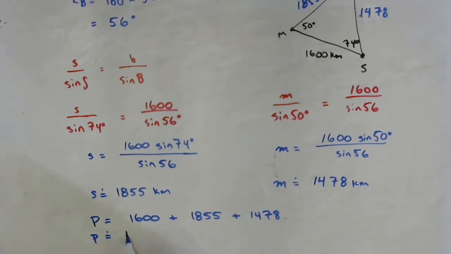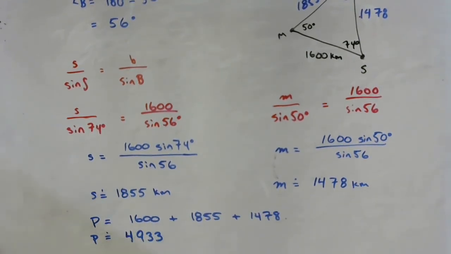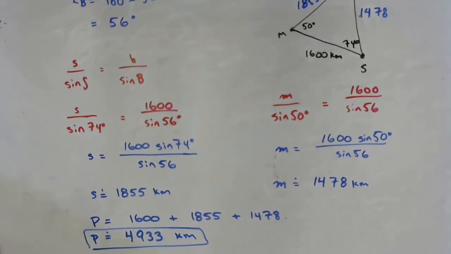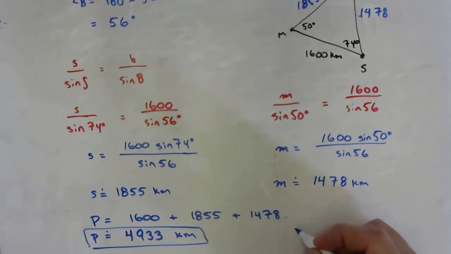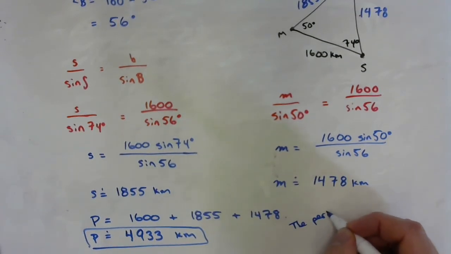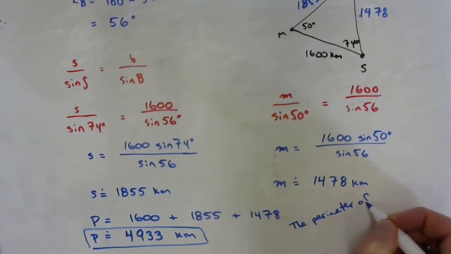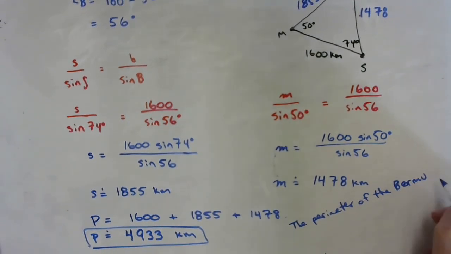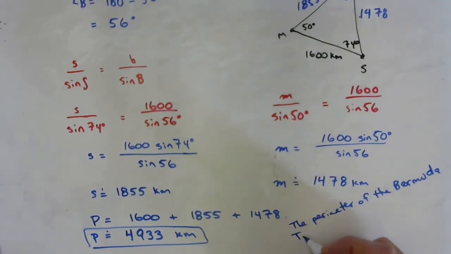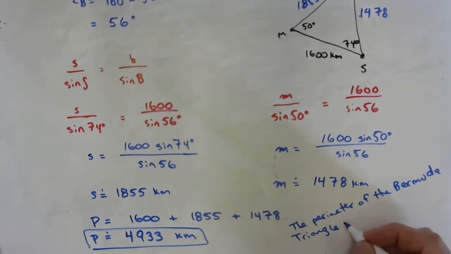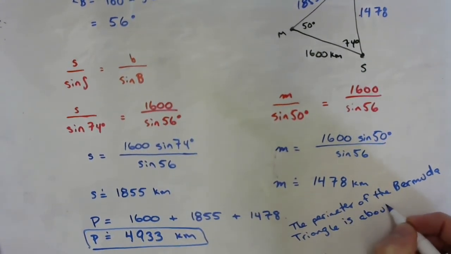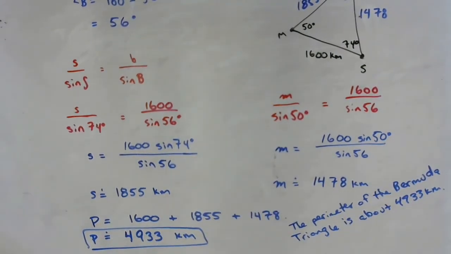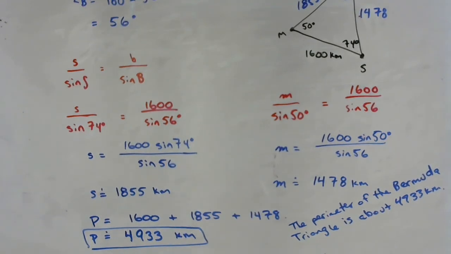That's going to be 4933 kilometers. The perimeter of the Bermuda Triangle is about 4933 kilometers. Go ahead and sail it.